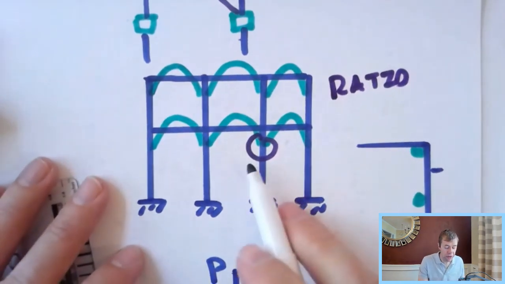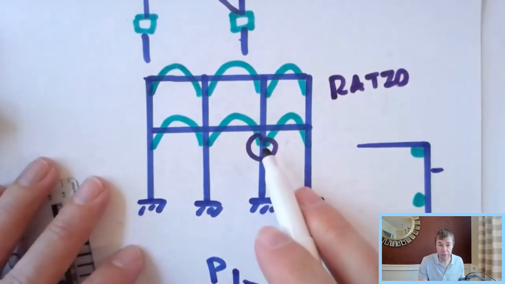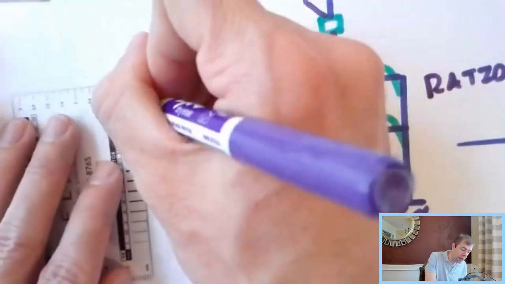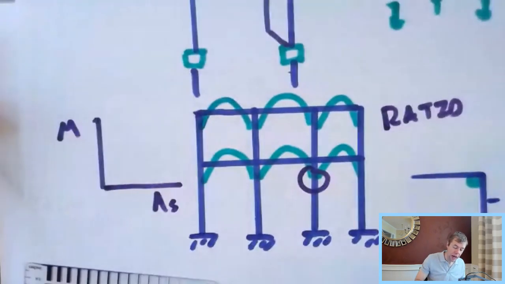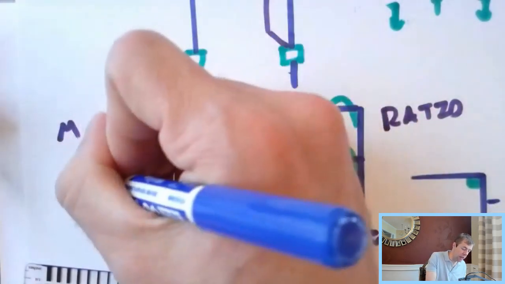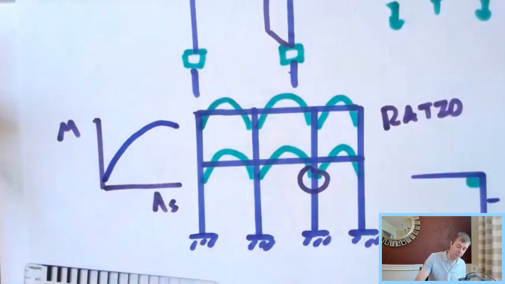Now, what you can do with the ratio design method that I've talked about in a video is design for that beam right there, and find my area of steel versus moment. And this is going to be a nonlinear diagram.